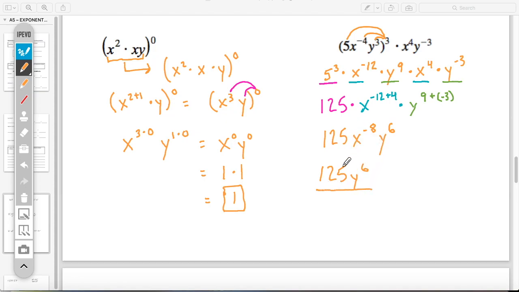This x to the negative 8th goes to the denominator. Sign becomes positive. So that is our final answer. Perfect. Okay, pause the video if you need more time.